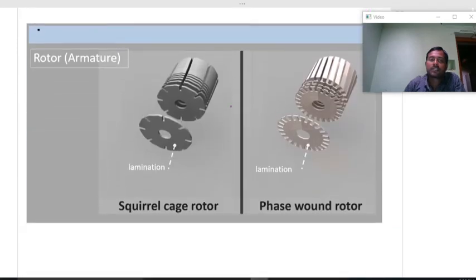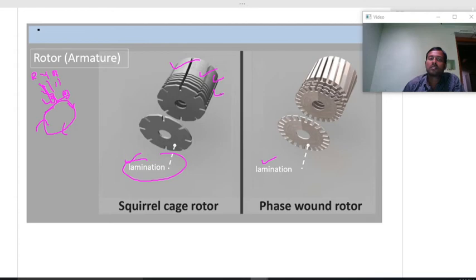So these are the laminations. I already explained why laminations are used, but I'm going to explain again. The stator has a three-phase RYB winding connected. If a three-phase supply is given to the stator, a rotating magnetic field will flow in the air gap between the stator and the rotor, and it will link with the rotor core.